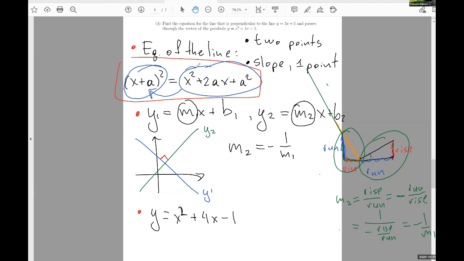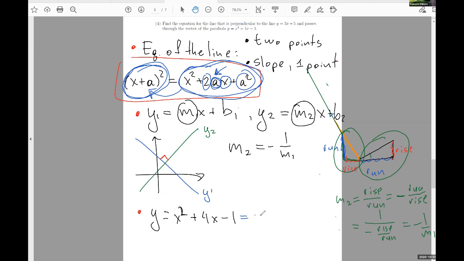When we have this right-hand side, we want to have 2, we want to have a, and we want to have x. As soon as we know a, we can write the left-hand side, but we also need a squared. If we don't have a squared, we can add a squared and subtract a squared. Let me show you in practice.